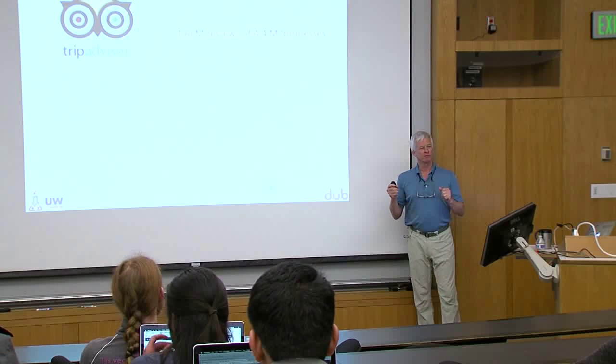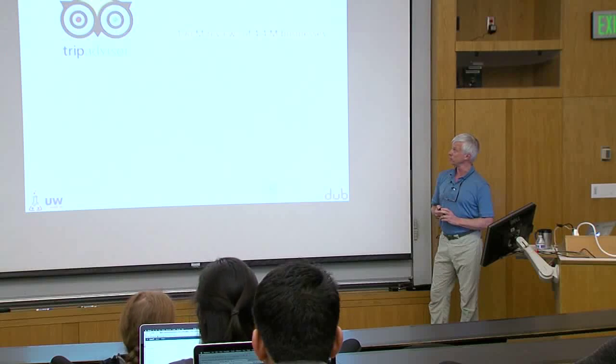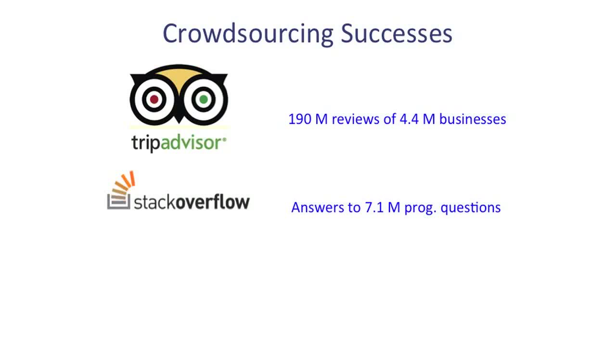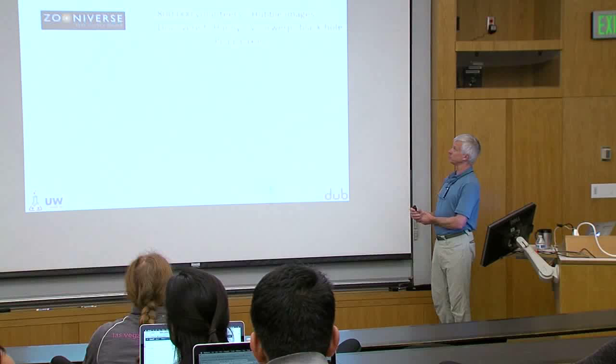There's been a whole lot of success stories with crowdsourcing, and I'm sure all of you use tools like TripAdvisor and Stack Overflow, Wikipedia. These sort of output of the crowd have really become indispensable.